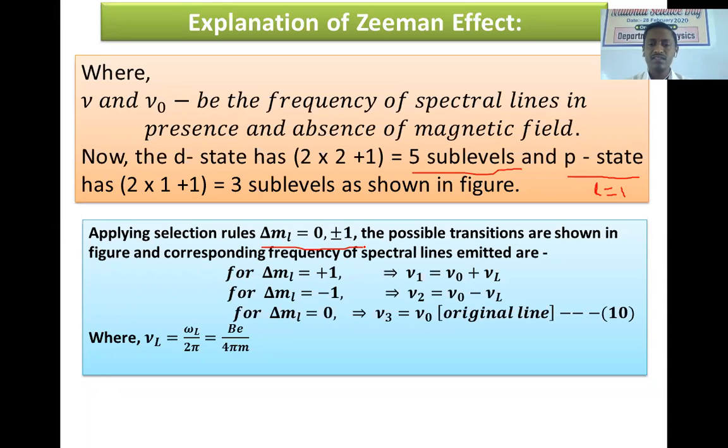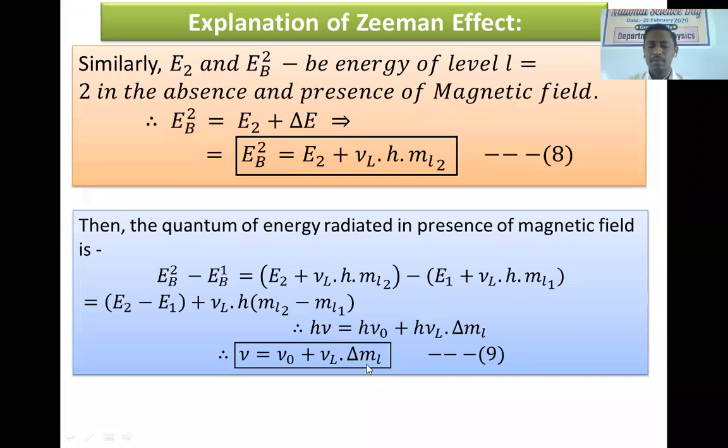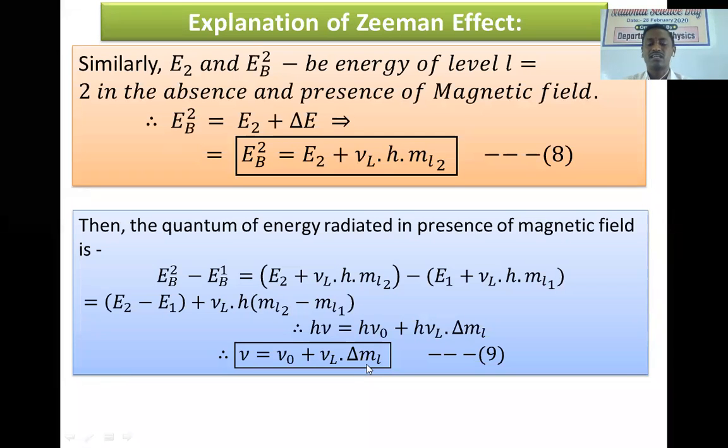This means in equation number 9, whenever the value of delta ml changes by 0, or increases by 1 or decreases by 1, only these transitions are allowed, or these are the spectroscopically allowed transitions. All the other transitions, having delta ml different than 0 or plus minus 1, are forbidden transitions.